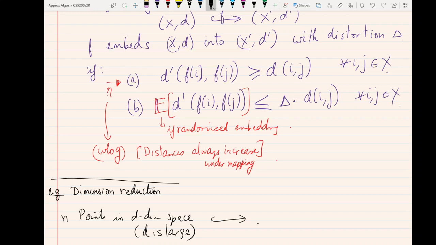Turns out that you can actually map or embed this, and I'm talking about Euclidean points, in just a log n dimensional space such that the distances are preserved up to some epsilon factor, where epsilon can be as small as you want.